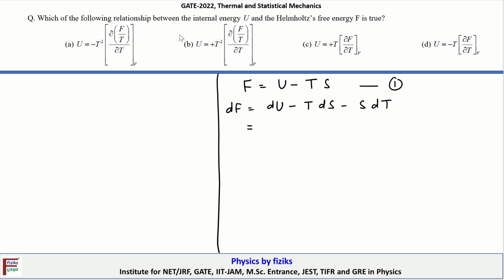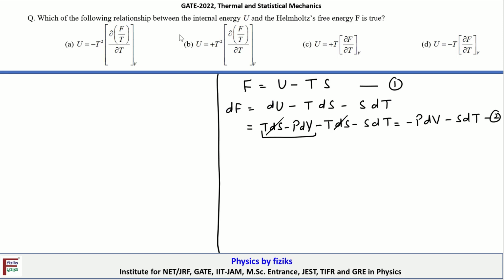From the first law of thermodynamics I can write dU equal to TdS minus PdV, that's the replacement for dU, and then minus TdS minus S dT. So TdS and TdS will cancel, and ultimately we are left with minus PdV minus S dT. Okay, so let's call this equation 2.